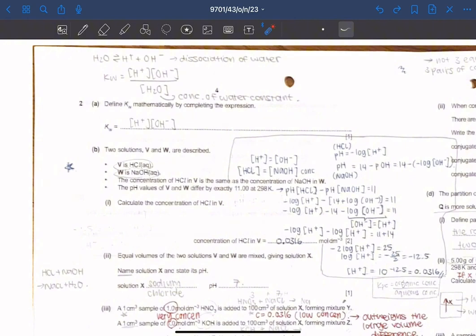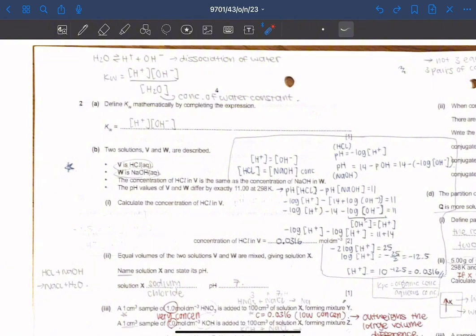And in an equation, Kw is equal to products over reactants, so H plus and OH minus over H2O. And because the concentration of water is always constant, it is ignored, and the final expression would be Kw equals H plus and OH minus in brackets, with power of 1.